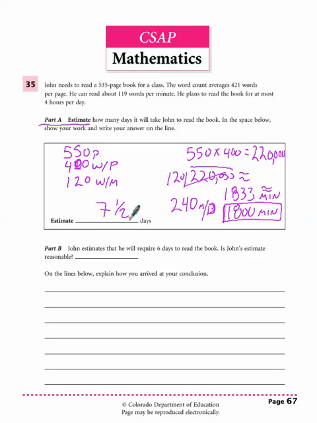John estimates that he will require 6, no, John is fooling himself here. This is not reasonable, I would say, because this is an extra day. That's 6 hours of reading.